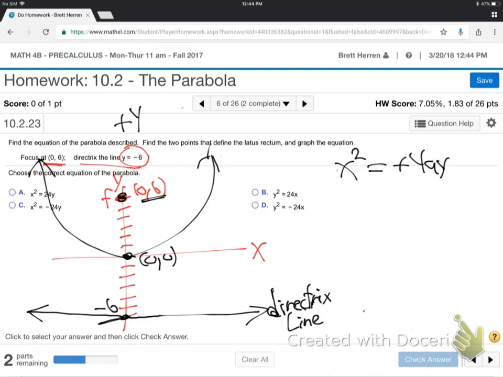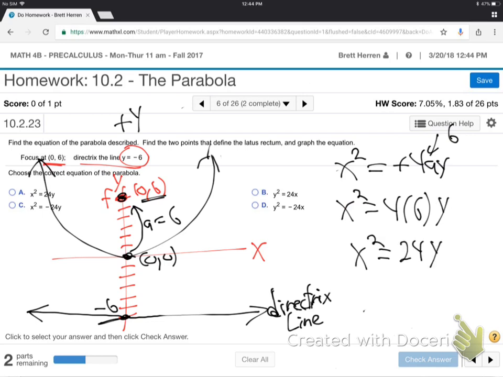So what's a? 6. It's the distance to the focus point. A must be 6. So it's x squared equals 4 times 6 times y. x squared is 24y. So there it is. Is that good?